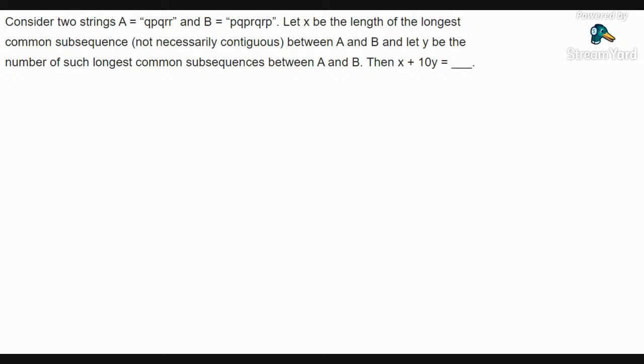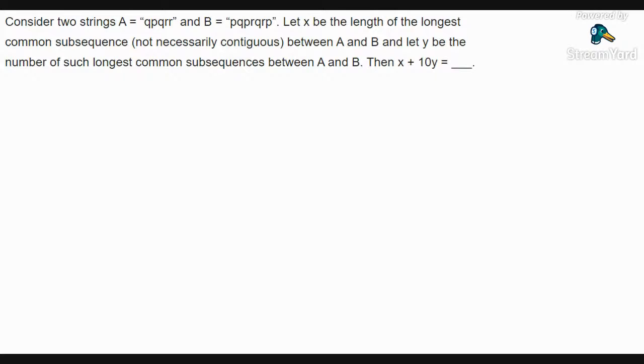Now we will check whether the length is 4 or not. Just see here, QPQR is present. Definitely the length of this longest common subsequence will be 4. So what is the value of X? The value of X is 4, the length of the longest common subsequence.